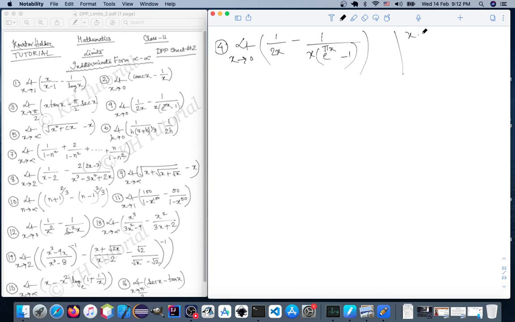So clearly when x tends to 0, 1 by 2x tends to 1 by 0, which tends to infinity, and e to the power pi x tends to e to the power 0, which is 1. e to the power pi x minus 1 tends to 1 minus 1, which is 0, and so 1 by x e to the power pi x minus 1 tends to infinity.